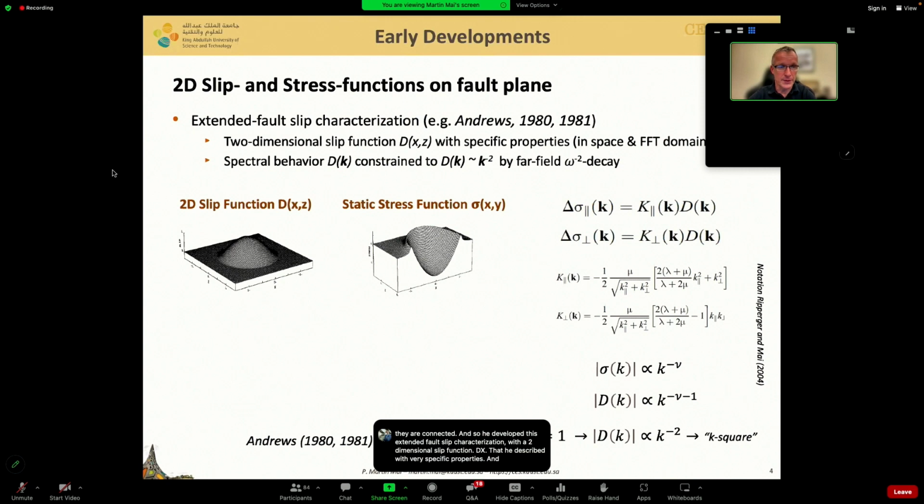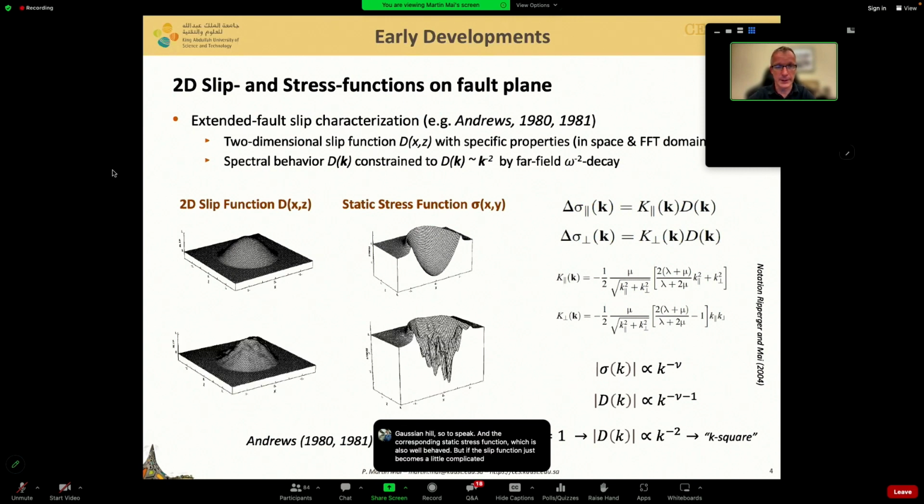On the top, you see the slip function, which is a nice Gaussian hill, so to speak, and the corresponding static stress function, which is also well behaved. But if the slip function just becomes a little complicated, a little bit heterogeneous on the left, you see that the stress becomes extremely complicated.